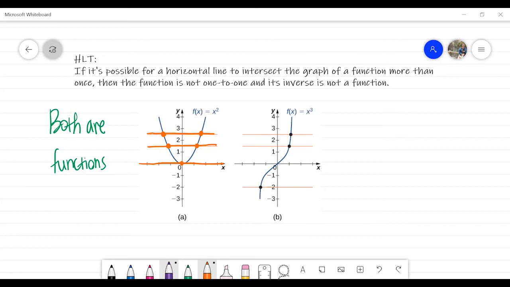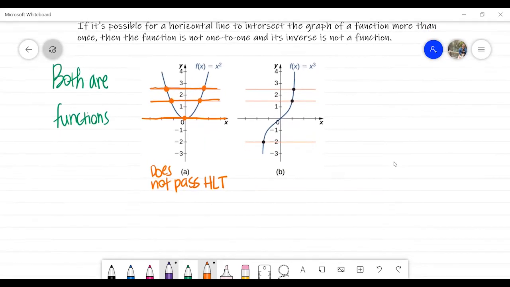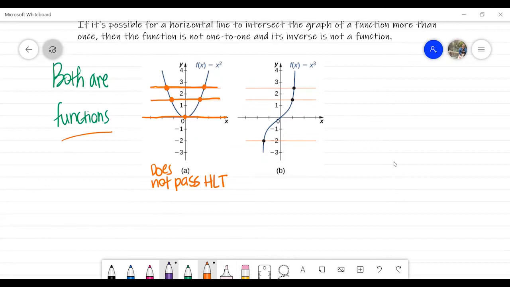But that's me being really selective, and this has to work for all points on my graph. So this does not pass our HLT, our horizontal line test. So this is not one-to-one. It's still a function, I can't take that away, but it is not one-to-one.